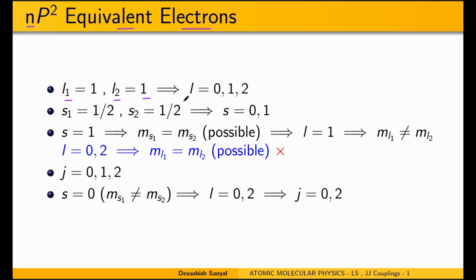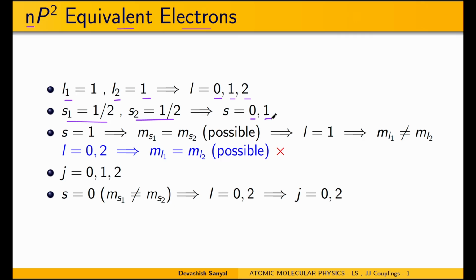Then the composite orbital quantum number L can take the values 0, 1 and 2. Again, s1 is equal to half and s2 is equal to half.